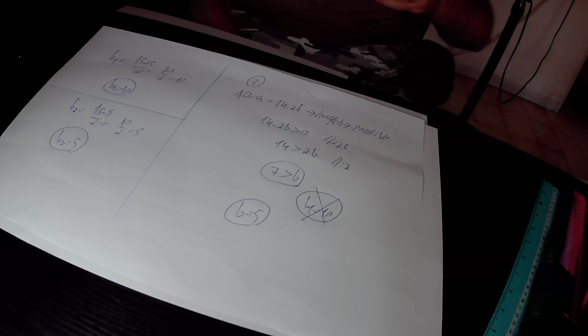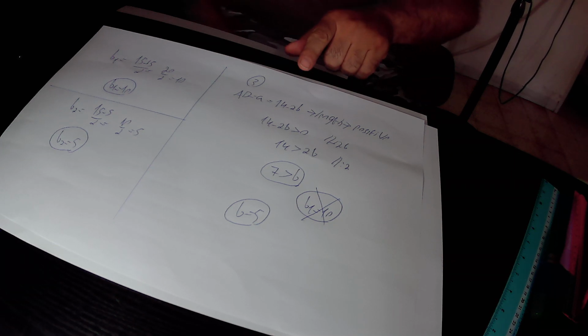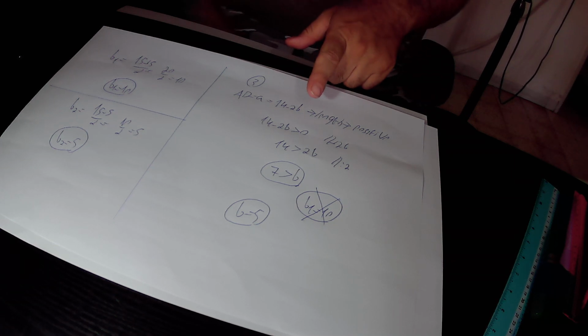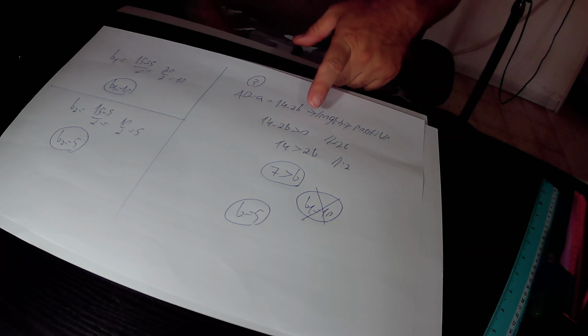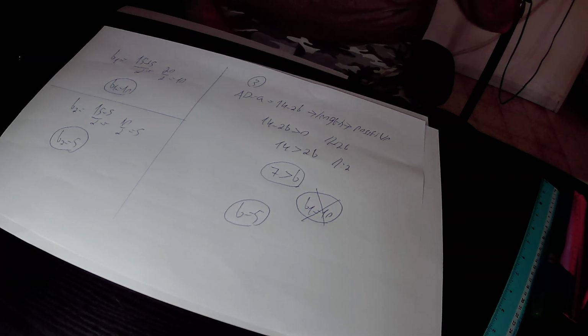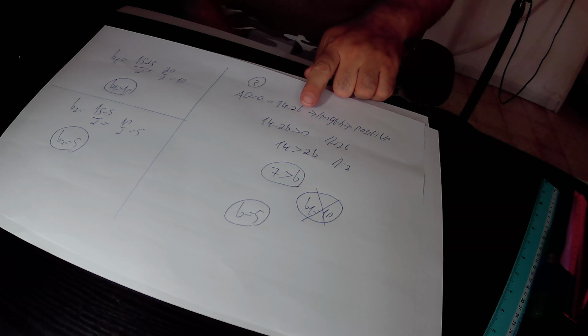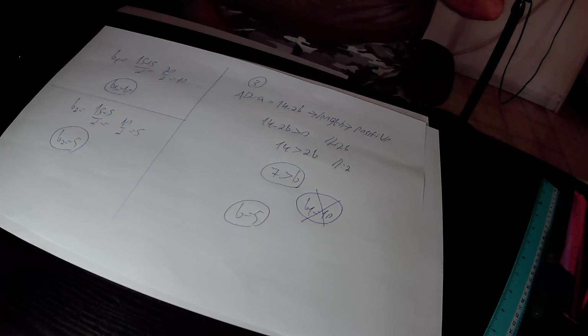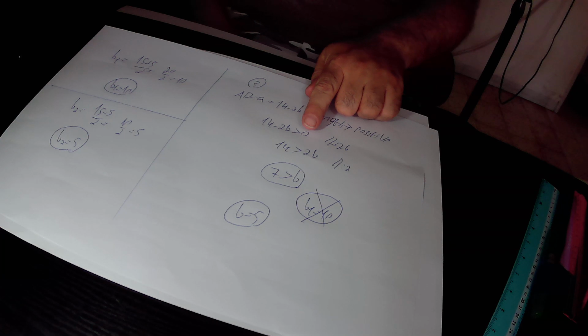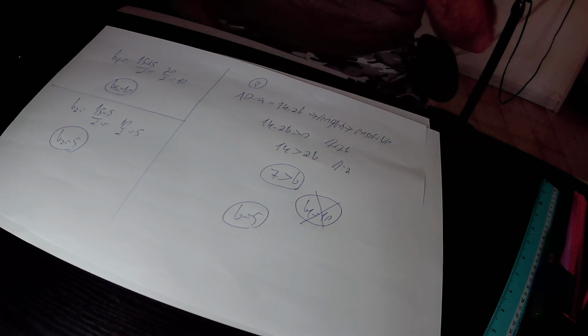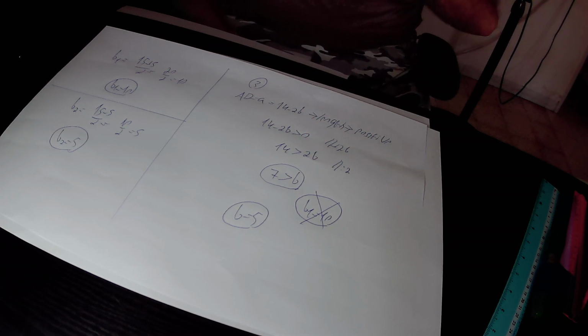That is to say, the length 14 minus 2b must be positive. What is positive? It means that it must be greater than 0. So we added 2b to this inequality, and finally found out that 14 is greater than 2b. Here we divided this inequality by 2, and finally found out that b is less than 7. So b must be less than 7 units.